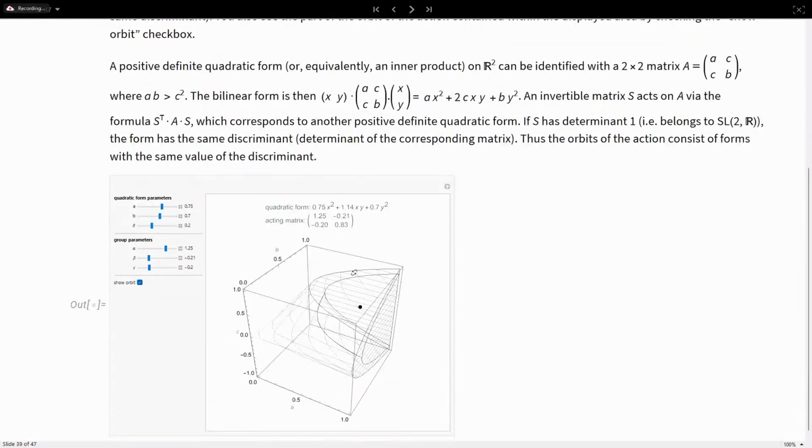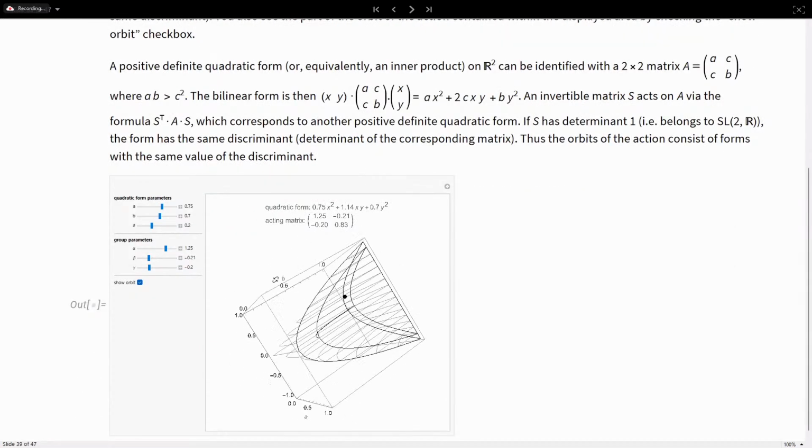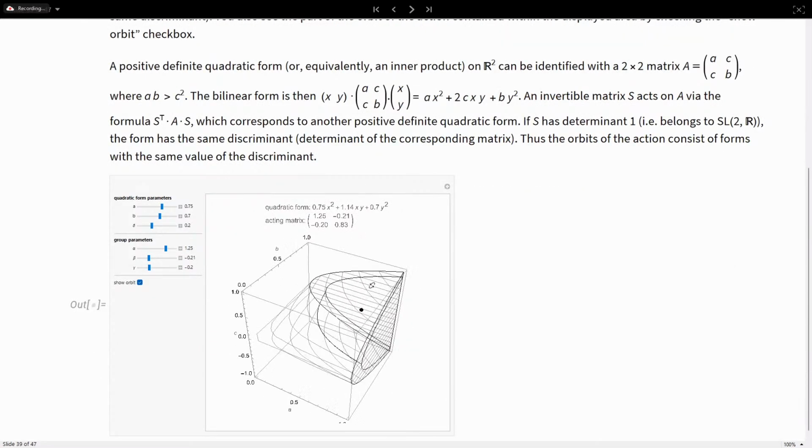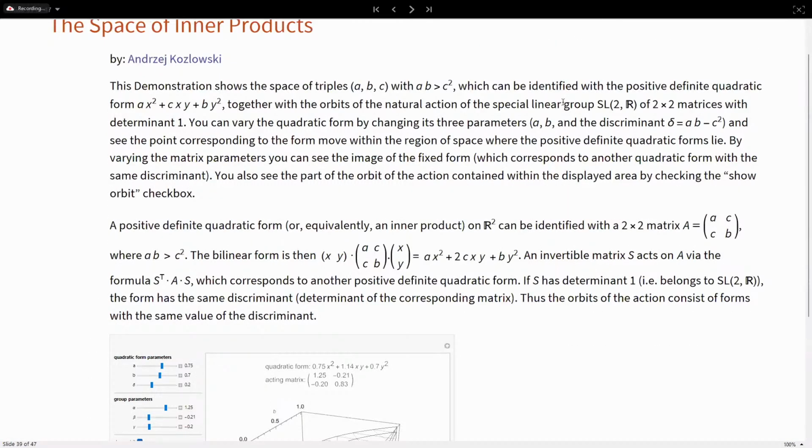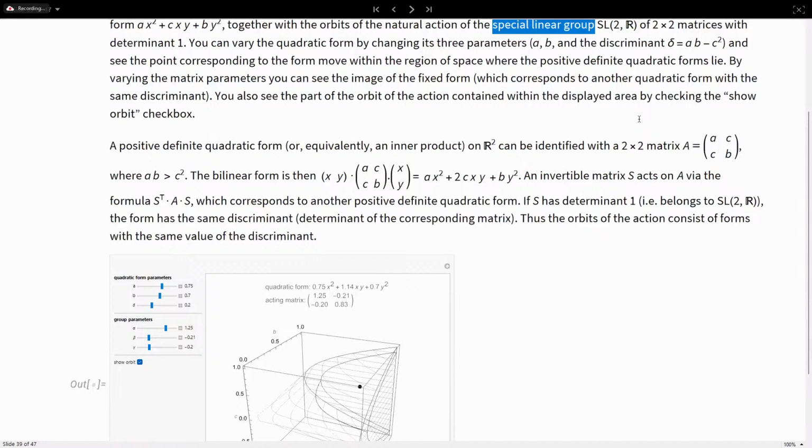So here's one thing you can do with matrices: find inner products. If we have a curve, we can look at the orbits of the special linear group here, which is a set of 2 by 2 matrices.